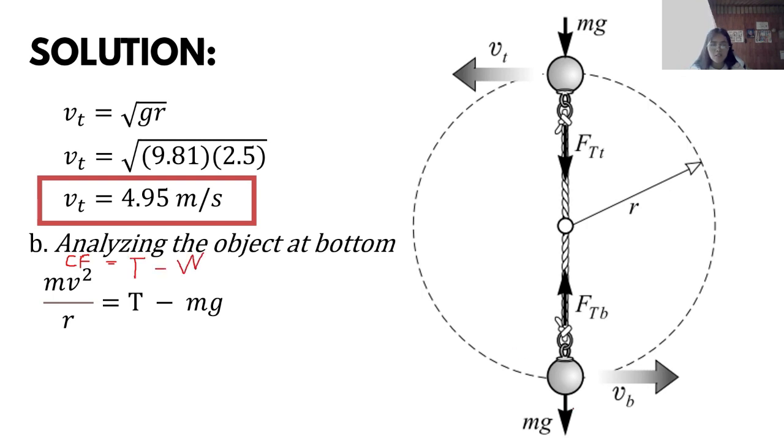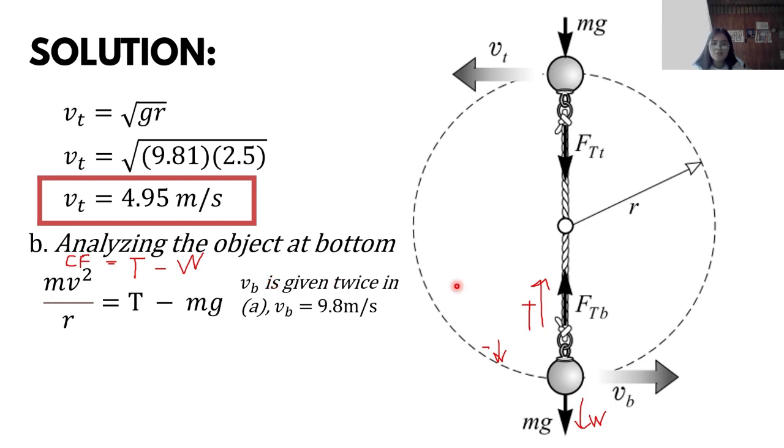Bakit? Kasi magkaiba yung direction ni weight at ni tension. Kaya minus yan. Okay? For this one, sinet na yung downwards ay yung negative, kaya negative mg. So, ganyan.